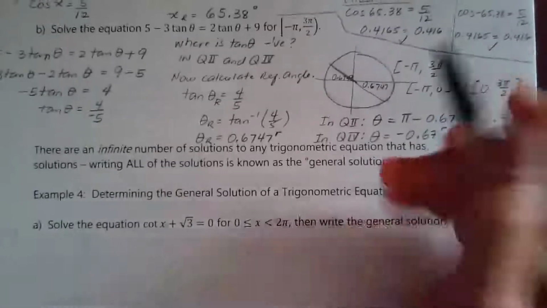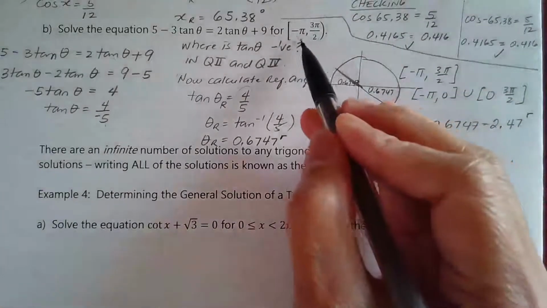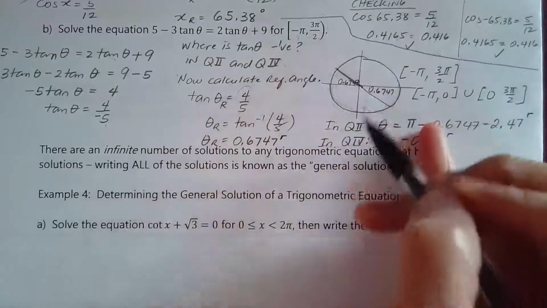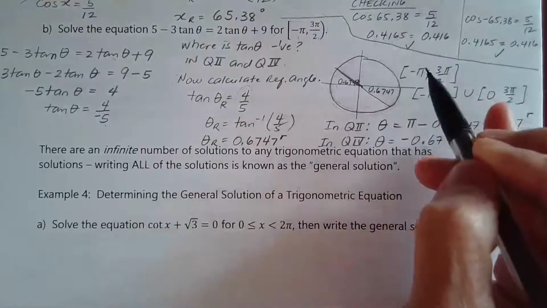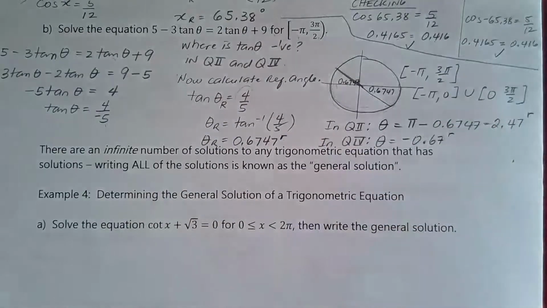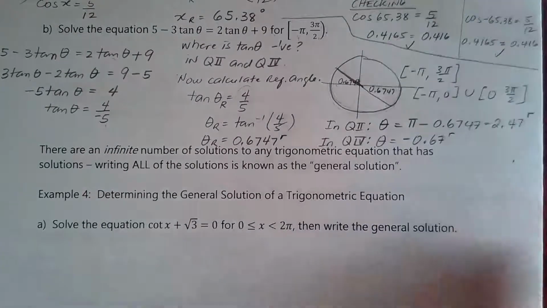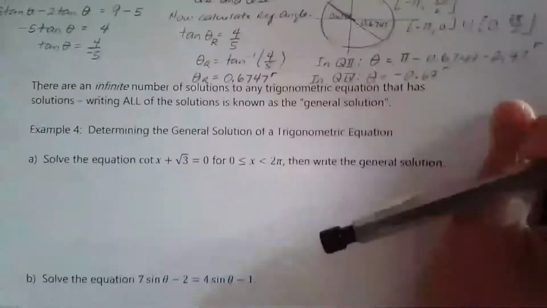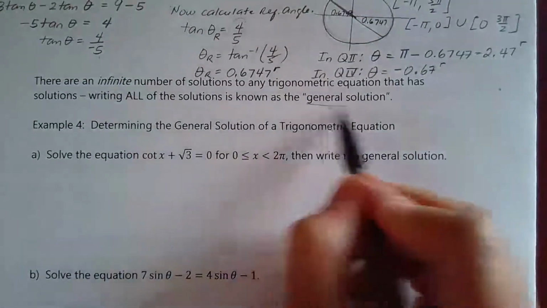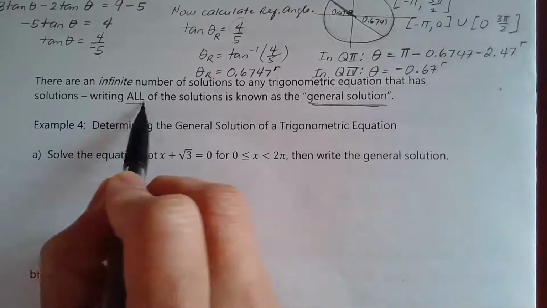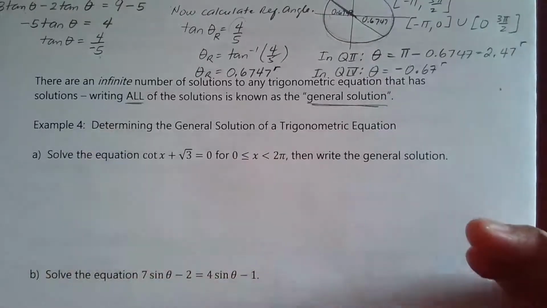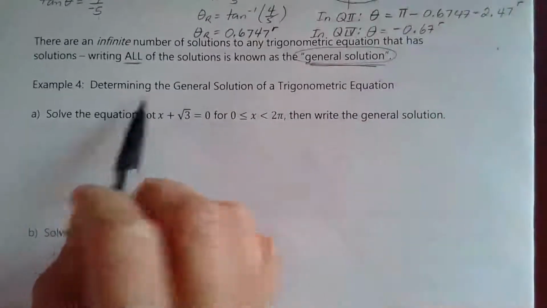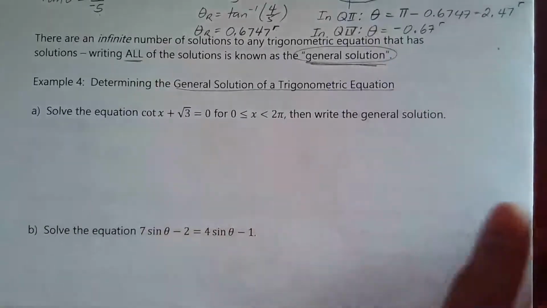So instead of limiting the domain, we're going to look at all of the possible solutions. There are infinitely many because there are lots of coterminal angles. So instead of writing one or two solutions, we're going to write down the general solution of a trigonometric equation.